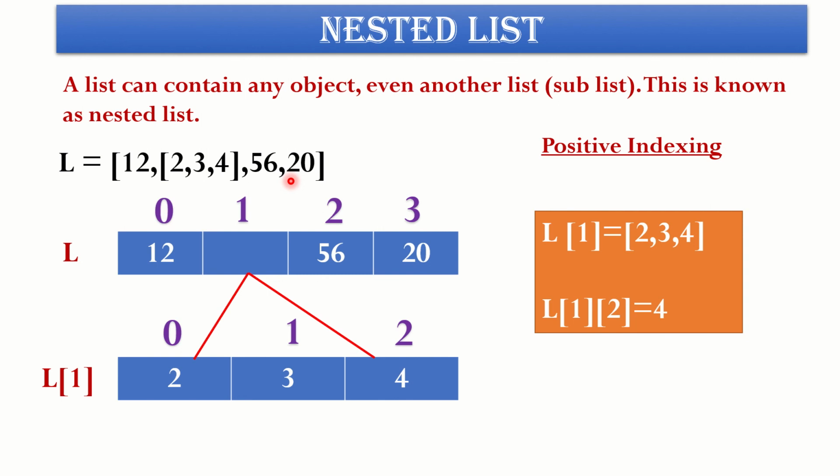Now, how do I access them? This is very simple. You can use the same indexing concept here. So at index position 1, I have these three values 2, 3 and 4, and I will further go down and then index them further, giving 0, 1 and 2. So if I say L of 1, I will get all the three values 2, 3 and 4.